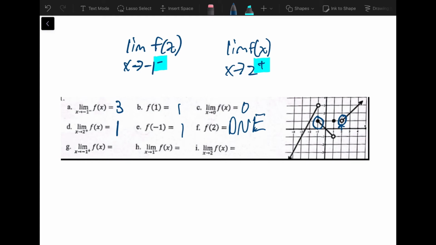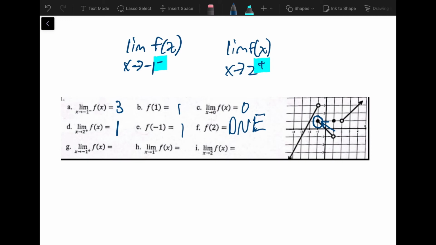Okay, letter G. Limit of f of x as x approaches -1 positively. So -1 positively, we're from here to here. So if we come up this way, at -1, what is the value of f of x?